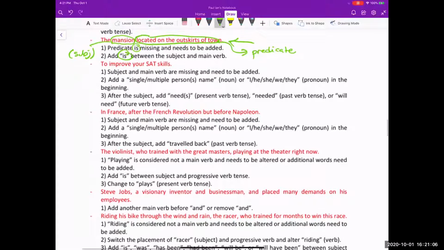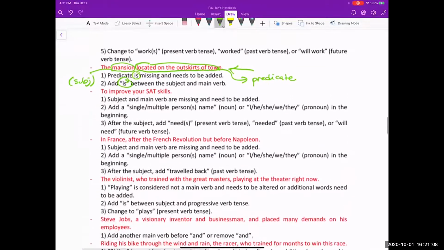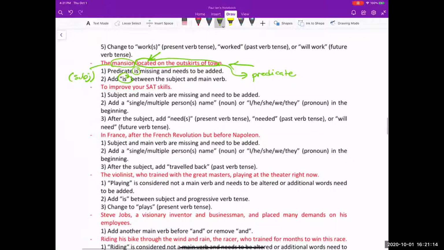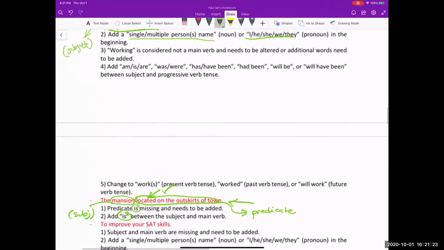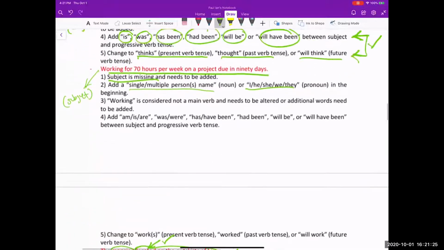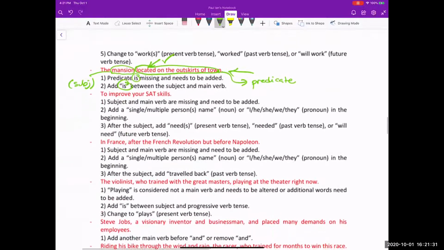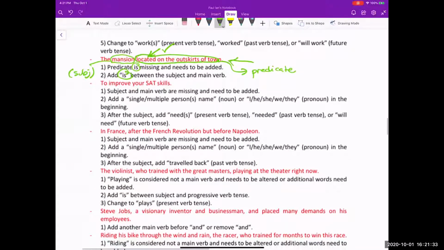You need the predicate word to transition into the main verb. This main verb is not progressive, so it's okay. It's a past tense, so it can be present, past, or future, but it can't be progressive.